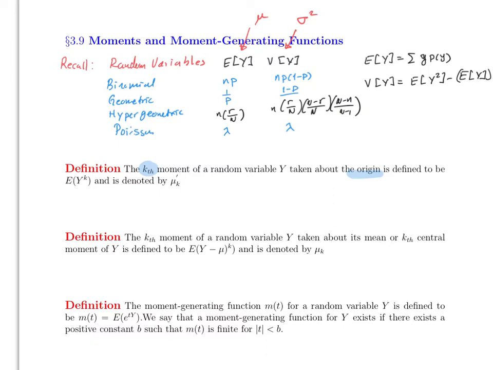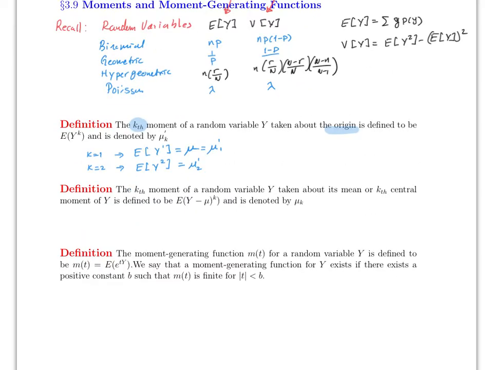So obviously, if k is equal to 1, we have the expected value of y to the first power, which we define to be mu. So the first moment is just the mean, or you can say that this is mu 1 prime. Now if k is equal to 2, it will be the expected value of y squared, and this will be mu 2 prime.